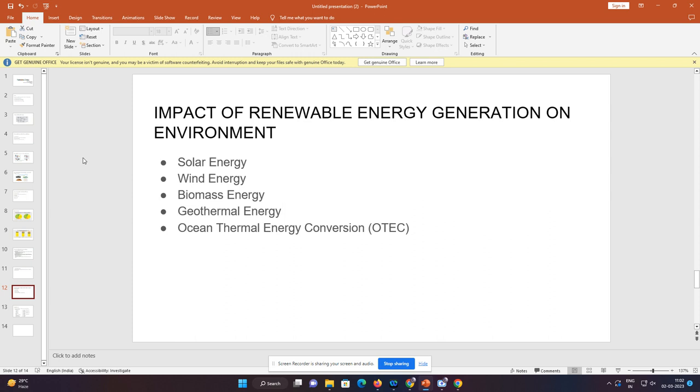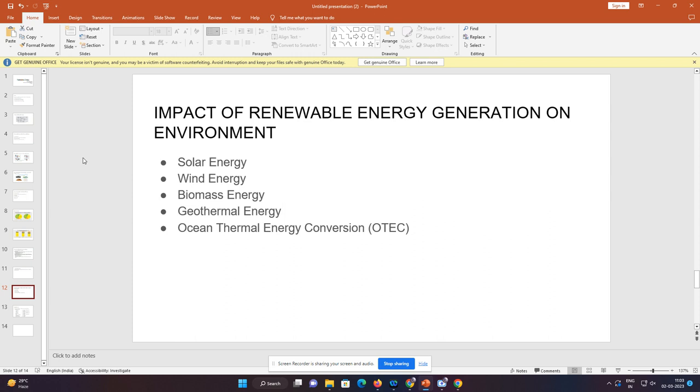And coming to wind energy, a wind turbine generator provides electricity with virtually no adverse effect on the global environment. It produces no water and air pollution. In practice, a few environmental considerations are associated with wind energy generation.